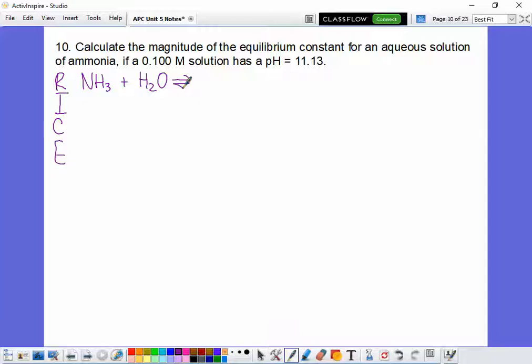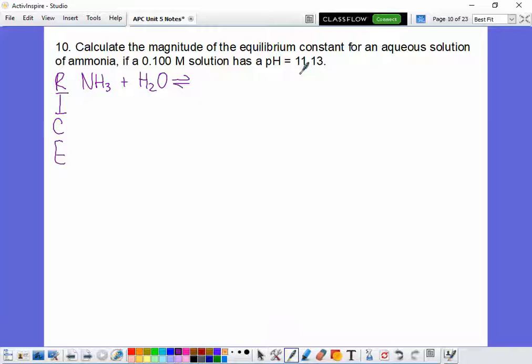If I do negative log of this, we're not going to get a pH of 11.13. We would get a pH of 13, right? How do I know that this is basic? Because the pH is greater than 7, so therefore we know that this substance is basic.